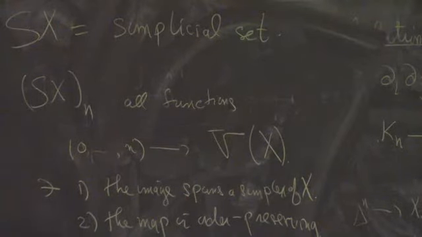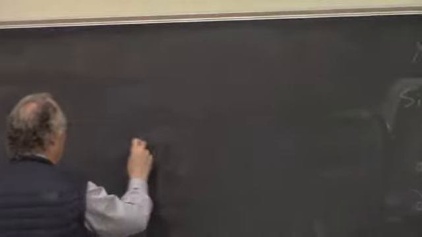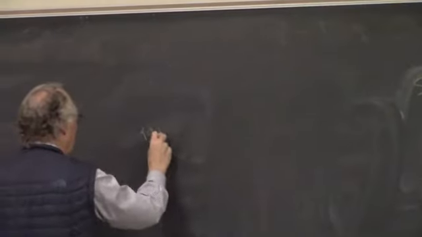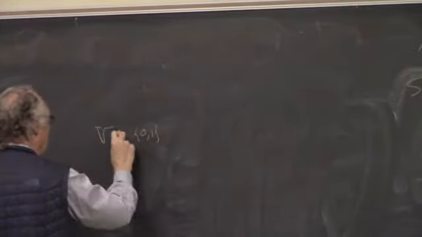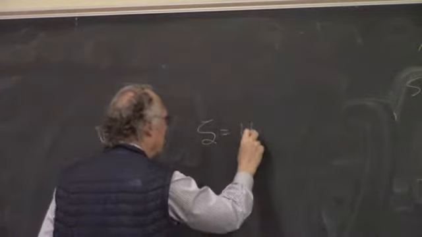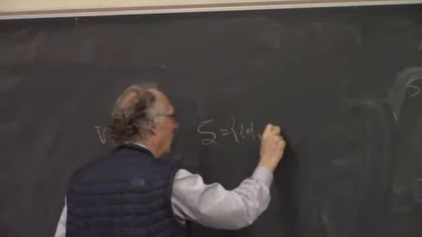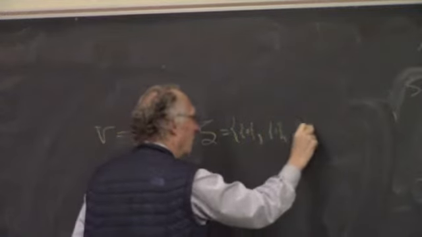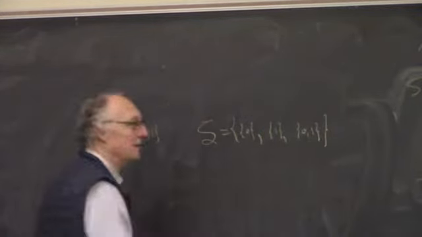So let's do it for the interval and see what we get. So the interval, the 1-simplex. The vertices are 0 and 1. And the sets we're talking about are the two singletons, 0 and 1, and the set {0, 1}.